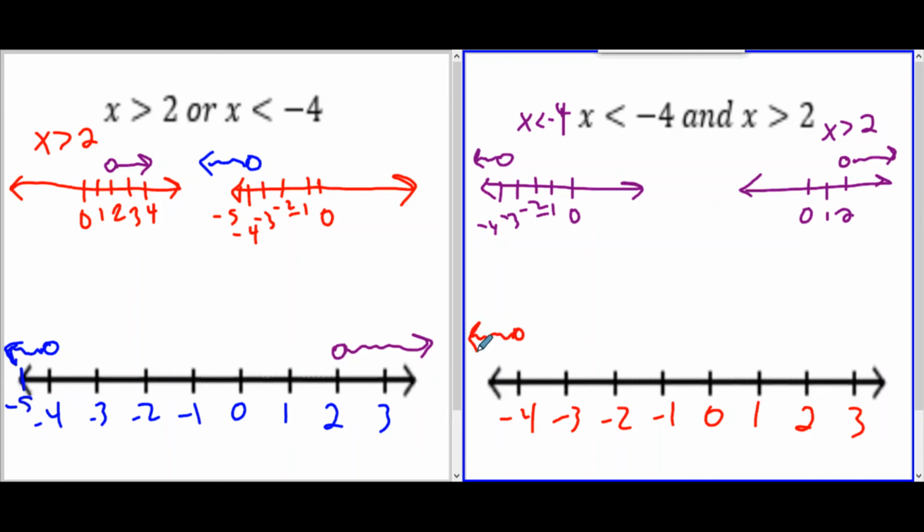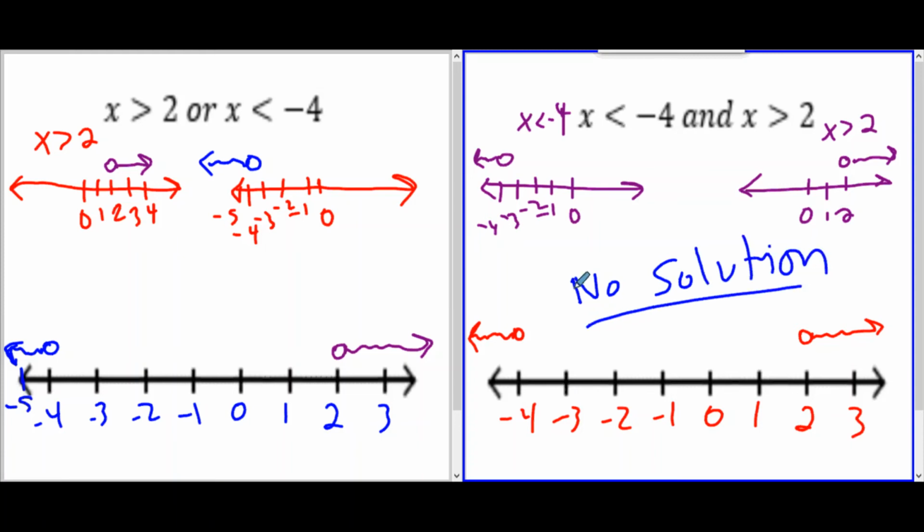And then same thing for bigger, so x is bigger than 2, open circle at 2, this time I'm shading to the right. Where do these two pieces overlap? Hopefully you can see that there is no overlap between them. So your answer here would be no solution, because nothing is going to satisfy both of these inequalities.